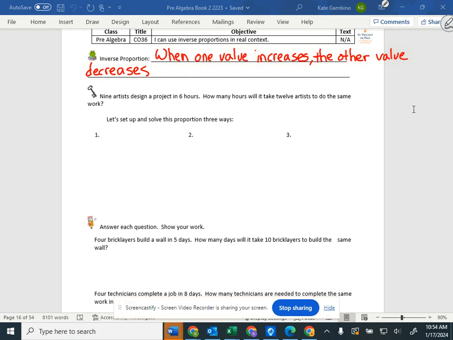But with an inverse proportion, one side goes up, the other side goes down. So we could say when one value decreases, the other increases. So they are opposite. They are inverse. That's what inverse means. They are opposite. So one example.